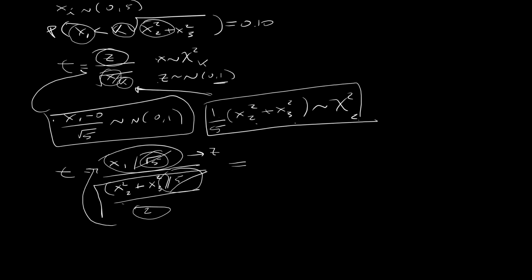So we are now left with as follows: T is equal to the square root of 2 times x1 divided by the square root of x2 squared plus x3 squared. This follows a t distribution with 2 degrees of freedom.